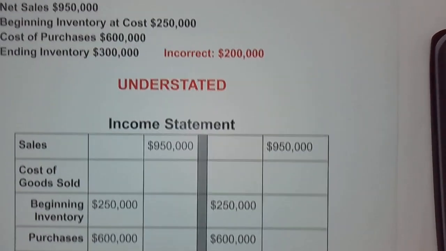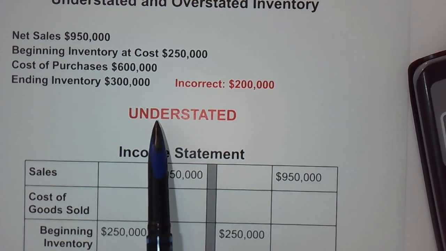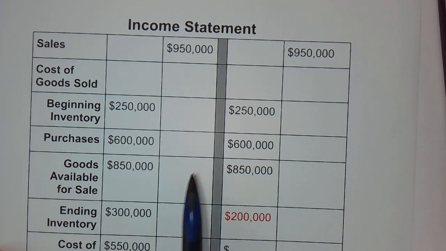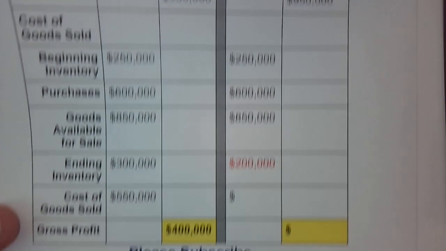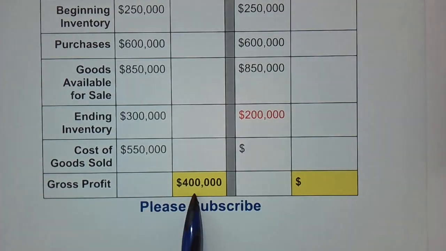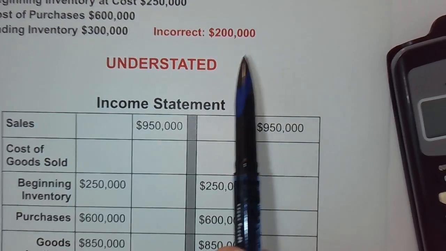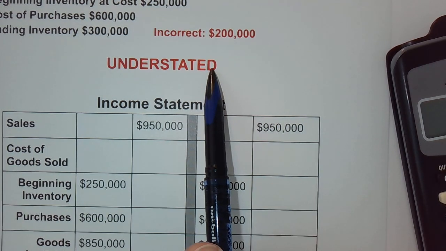So in this example, we're going to use the exact same numbers, and on the left-hand side, I've just repeated everything. We've done it correctly here on the left-hand side and arrived at the same correct $400,000 gross profit. But in this world, we undercounted, we understated the inventory.